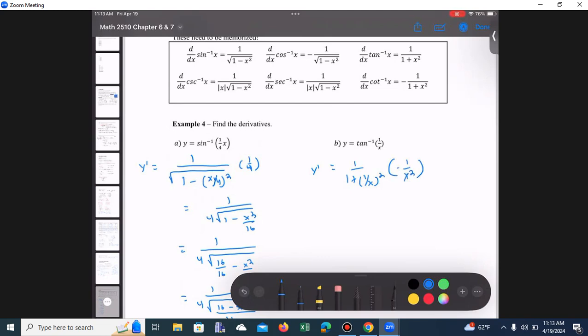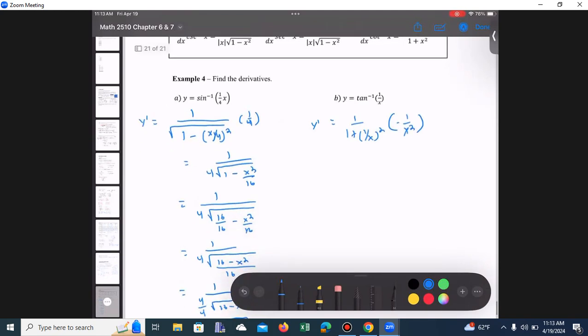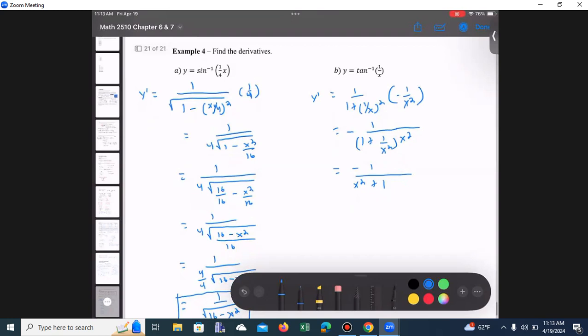Okay, so now it's just simplifying this out. A negative 1 over 1 plus 1 over x squared times 1 over x squared. And then we can multiply the x squared in. We have x squared plus 1. And that will be your derivative.